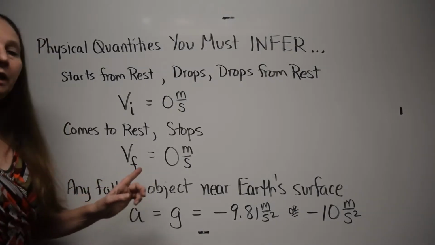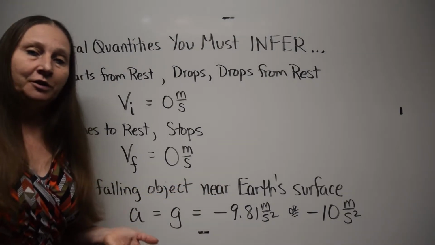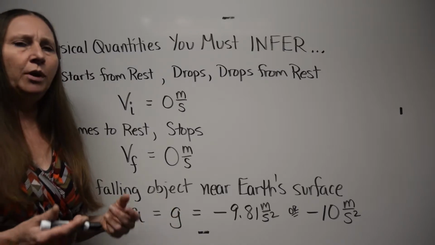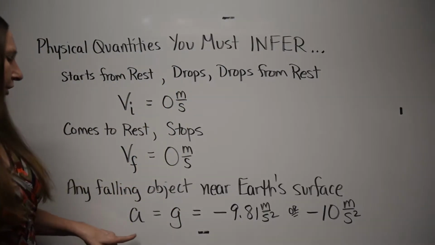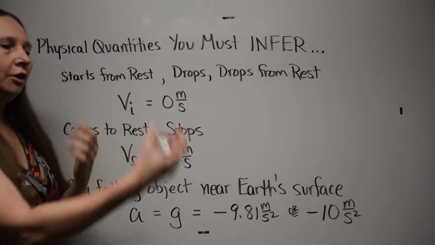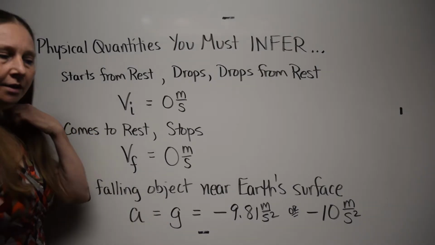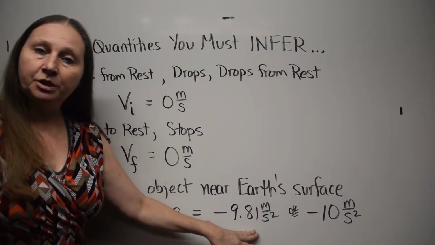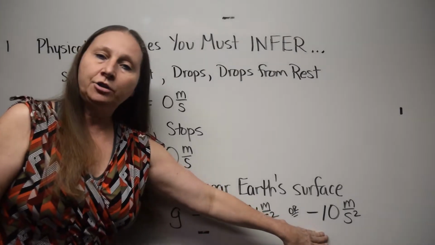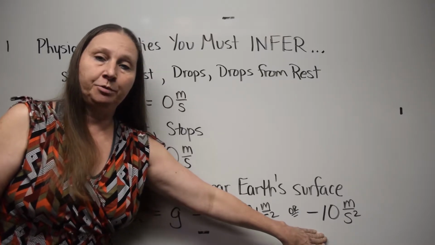Now, any falling object falling near the Earth's surface, and near the Earth's surface, for our purposes, means anywhere within 50 miles of the ground, all right? We know the acceleration with which the Earth accelerates objects downward, and we can call that g. We know that that's negative 9.81 meters per second squared, or if you'd like to round that to one significant figure, it's negative 10 meters per second squared.